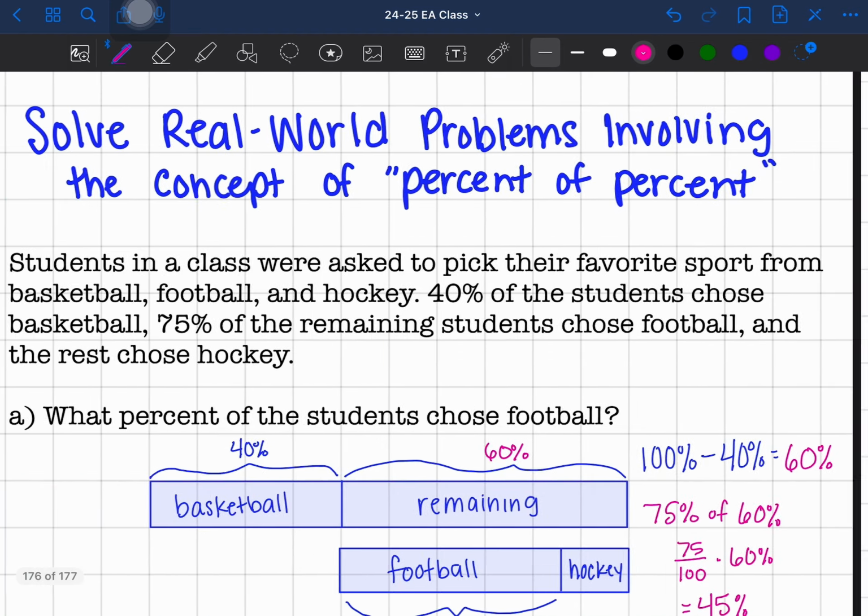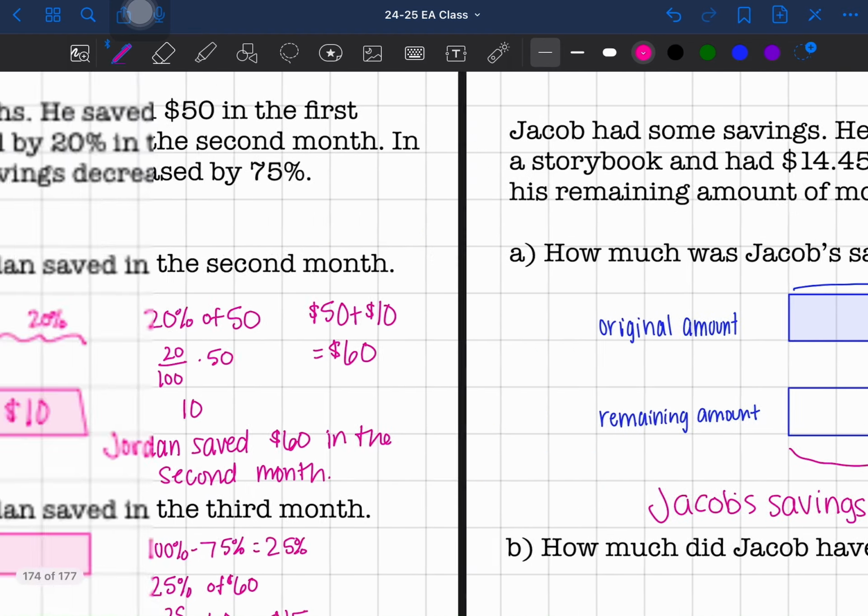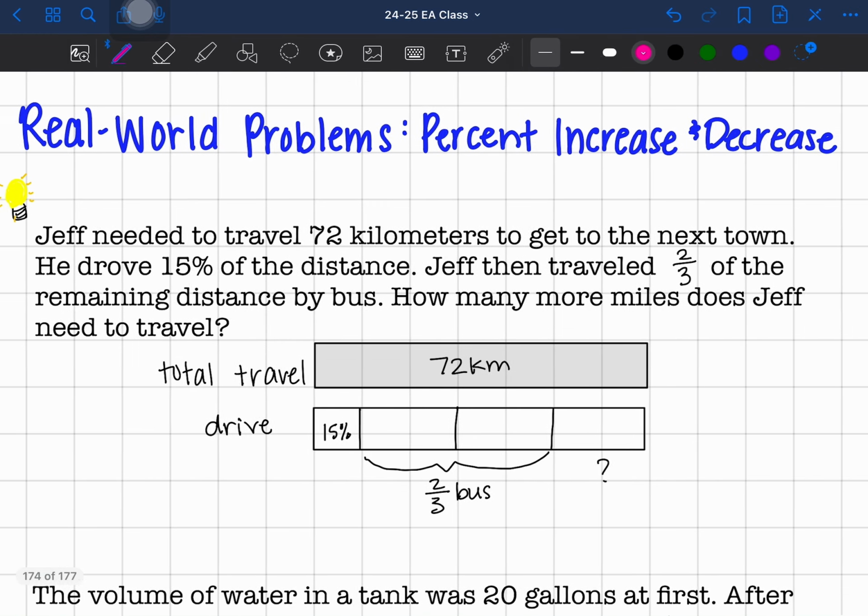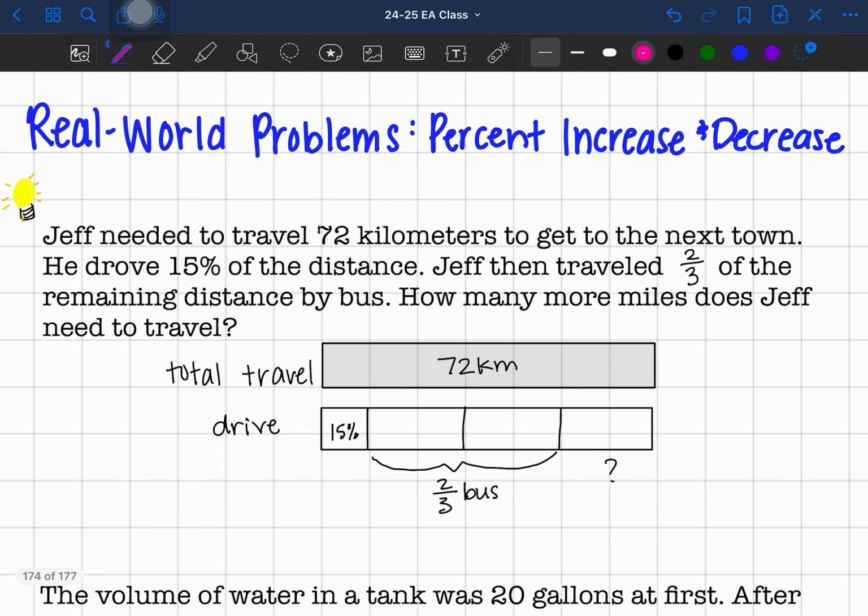So we're going to go back to our problem from the beginning of yesterday, where Jeff needed to travel 72 kilometers to get to the next town. He drove 15% of the distance. He then traveled 2/3 of the remaining distance by bus. How many more miles does Jeff need to travel?